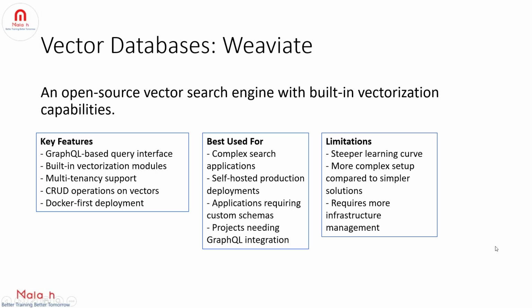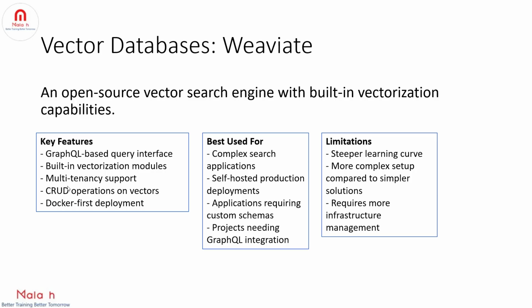And the next one is Weaviate. Weaviate is an open source vector search engine with built-in vectorization capabilities. What are the key features? It has a GraphQL based query interface, and GraphQL is an open source data query and manipulation language. We also have built-in vectorization modules and multi-tenancy support.